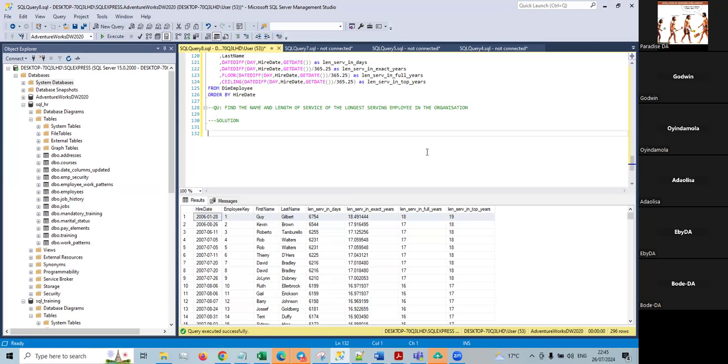From today? Why from today? Did you say the longest serving employee? Exactly. From the hire date. So it will be the person who was first hired.